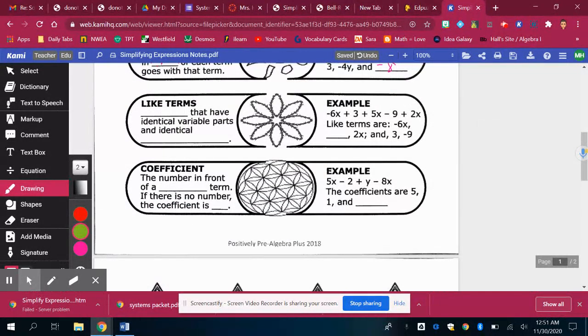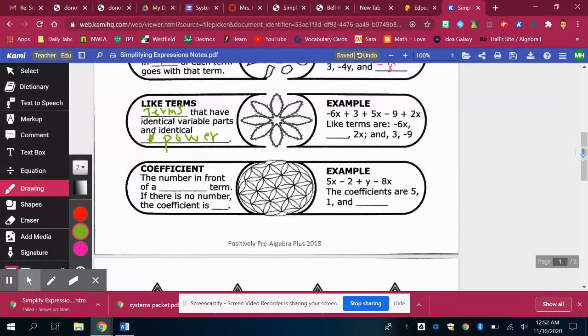All right, sometimes you might have like terms. Like terms are terms that have identical, or the same, variable parts and identical, or the same, exponents or power. So for example, in this case, we have negative 6x plus 3 plus 5x minus 9 plus 2x.